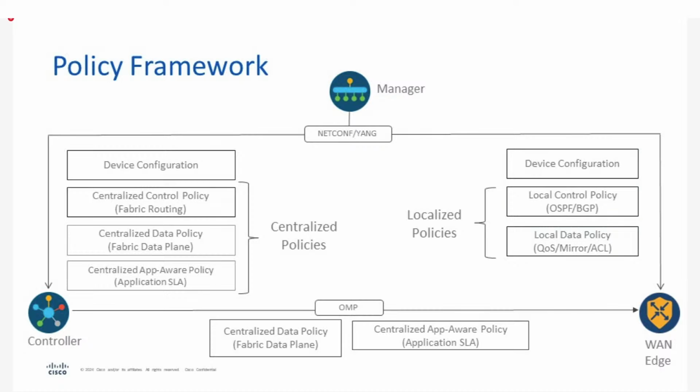And the localized ones usually are given the ability to manipulate only a particular device or a location. Because the control and data plane are separated, centralized policies are also separated into centralized control policy, which mainly affects the control plane operation, and centralized data policy, which directly affects the forwarding of the packets.